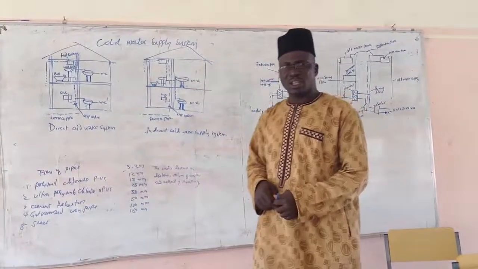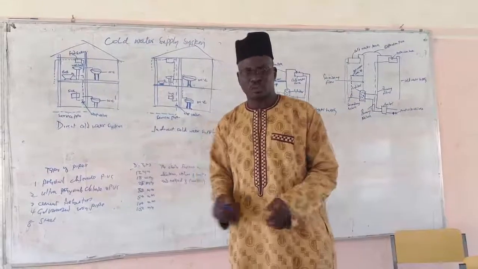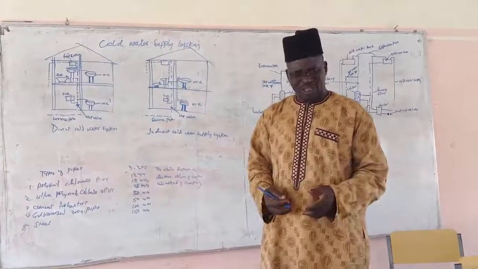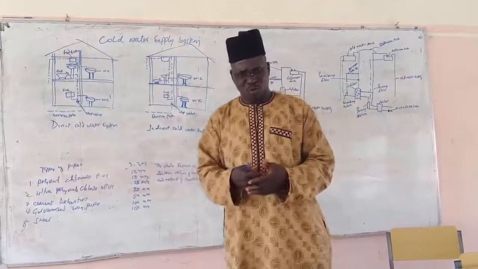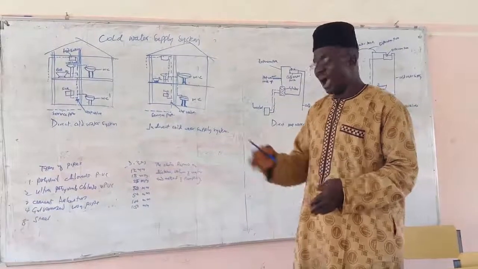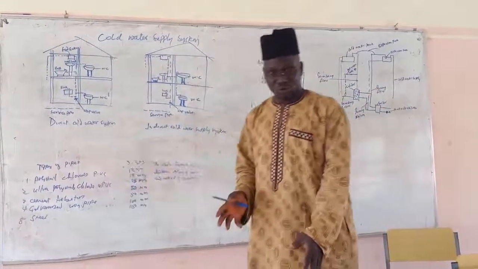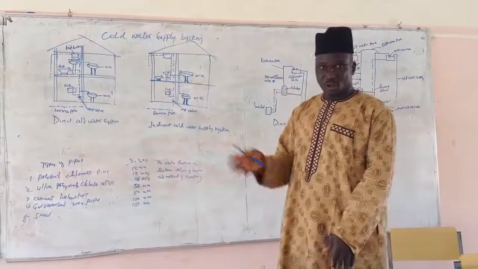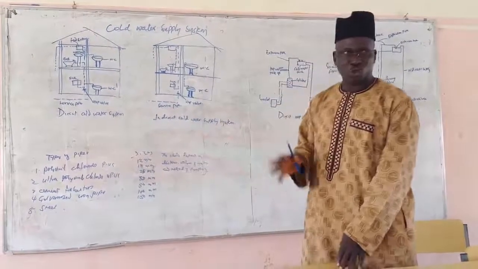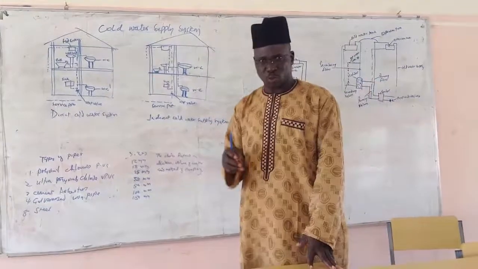We can also see that sometimes we use asbestos material, something that is impervious, that does not allow the passage of moisture. All those materials I have mentioned are very good examples. So those are the types of pipes we use in water distribution.